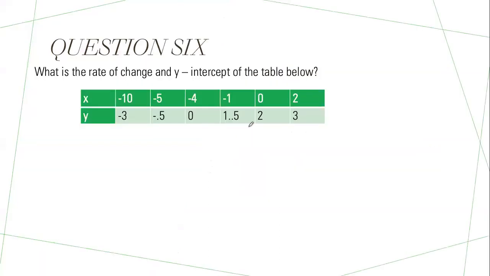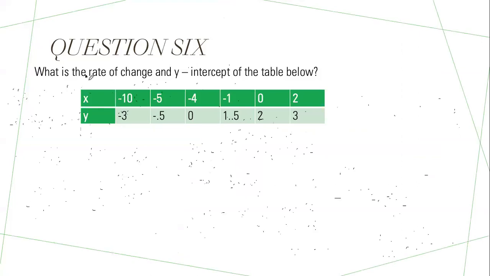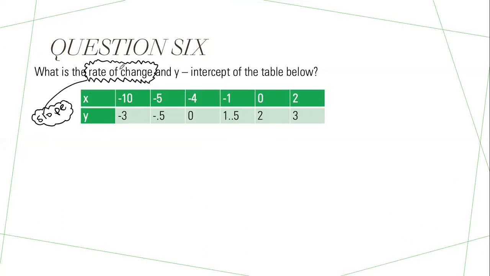All right, so we're going to find the slope and y-intercept of this table. I don't know if I mentioned this in previous classes, but what is the rate of change? Rate of change is the same thing as slope. So if you need to write that in your notes, rate of change and slope are the same thing. These are synonymous. And then we need to find our y-intercept.